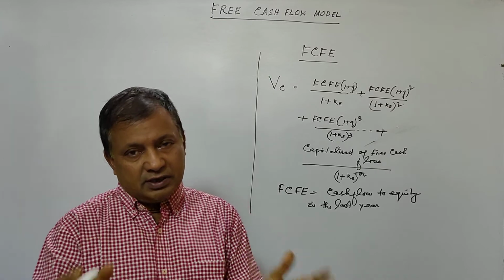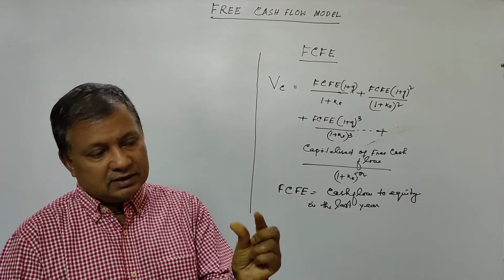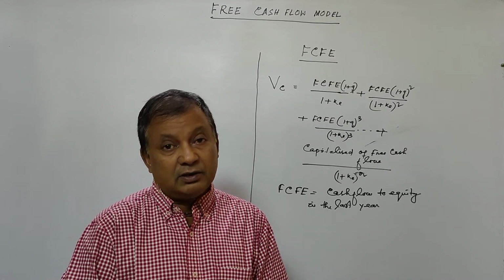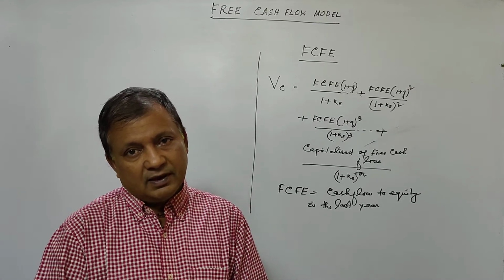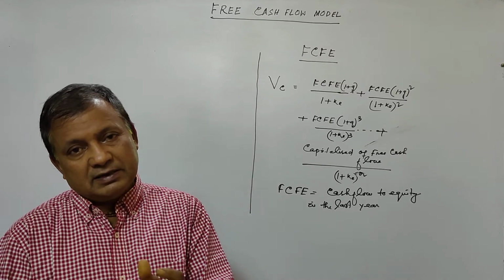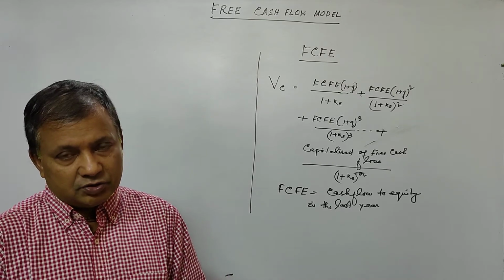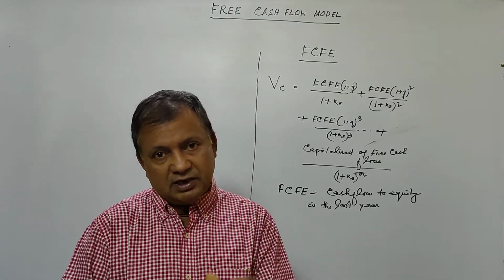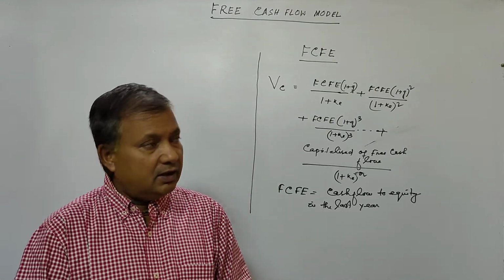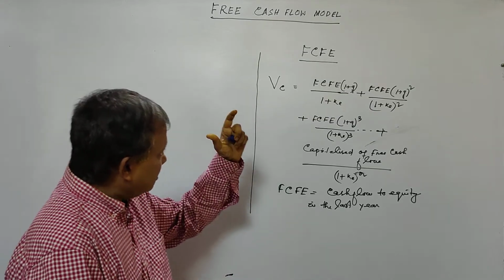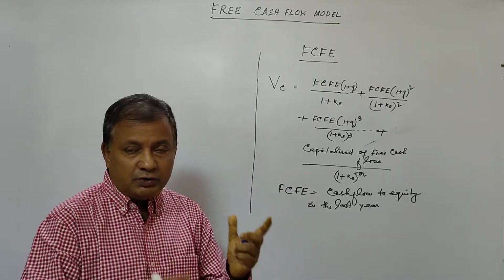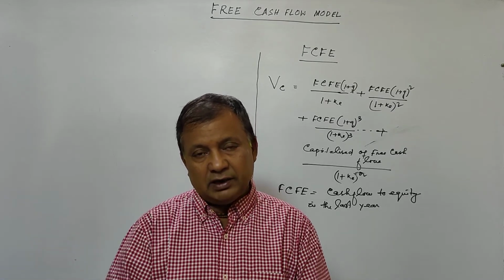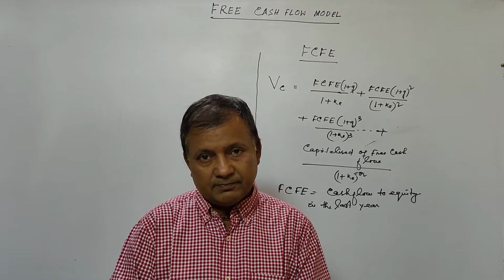Sometimes we come with three-stage growth: 10% for 4 years, 8% for the next 2 years, and then 4% perpetual growth. So this is your multiple growth of 3 stages. In the Gordon model also we have already studied the multi-stage model of growth.